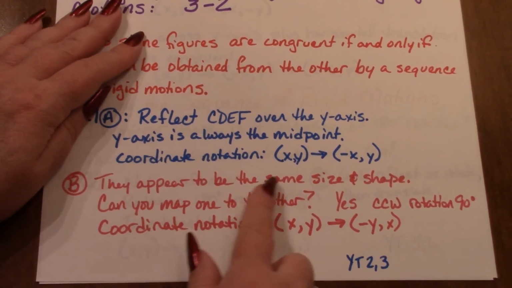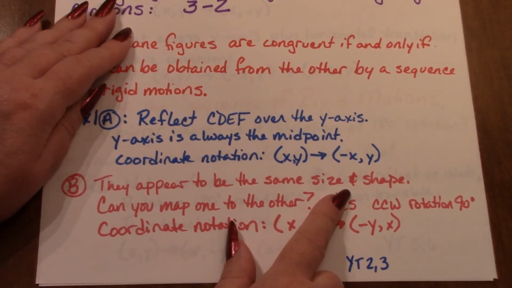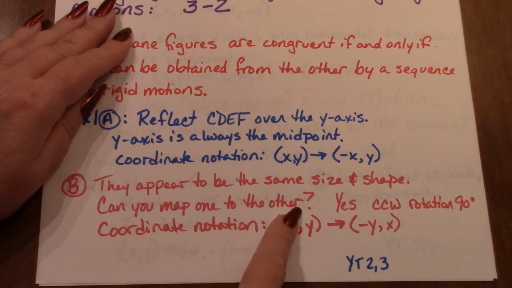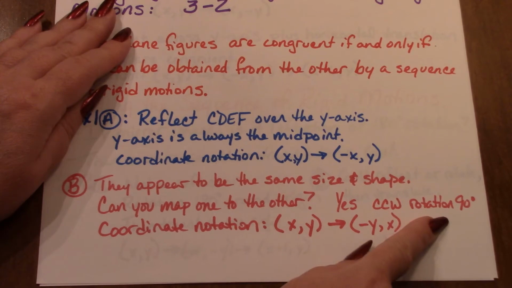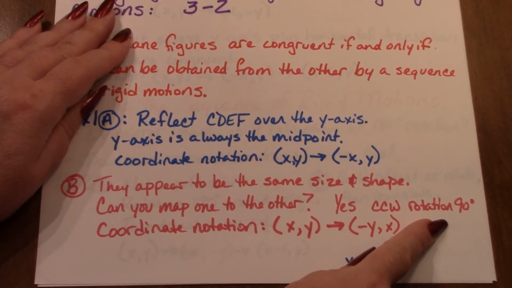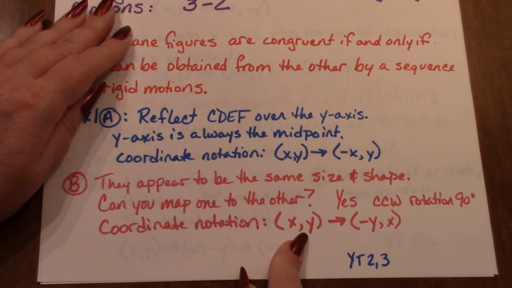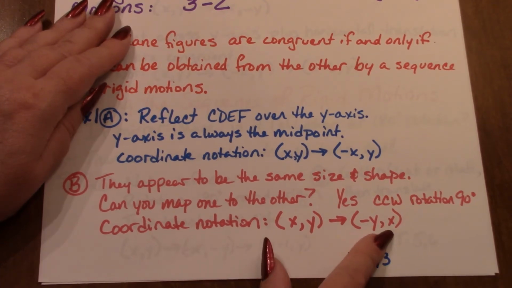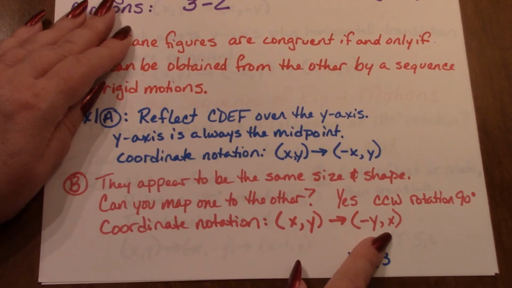With B, they appear to be the same size and shape. So now you want to try and prove it. Can you map one to the other? Yes, because a counterclockwise rotation 90 degrees gets one exactly onto the other. The coordinate notation here has XY going to negative YX, which means this is exactly a counterclockwise rotation.